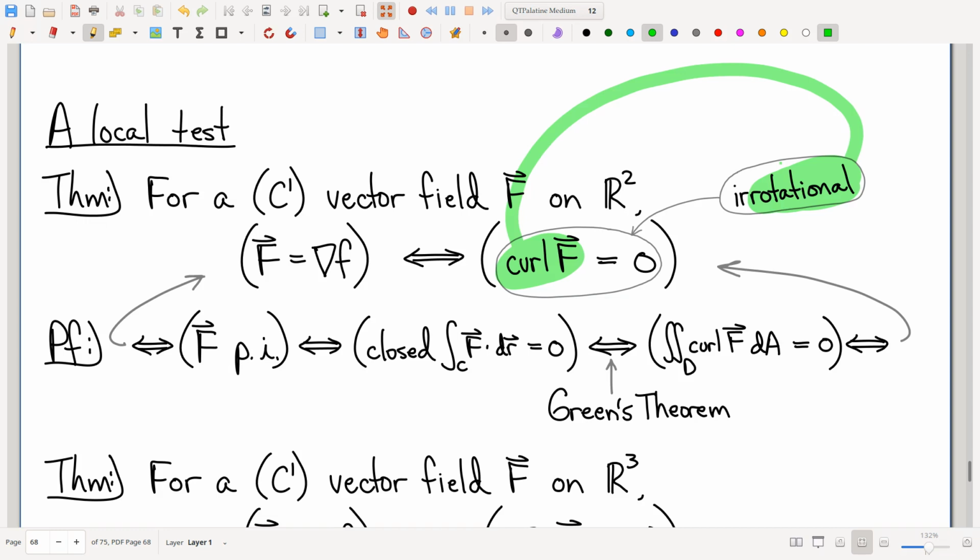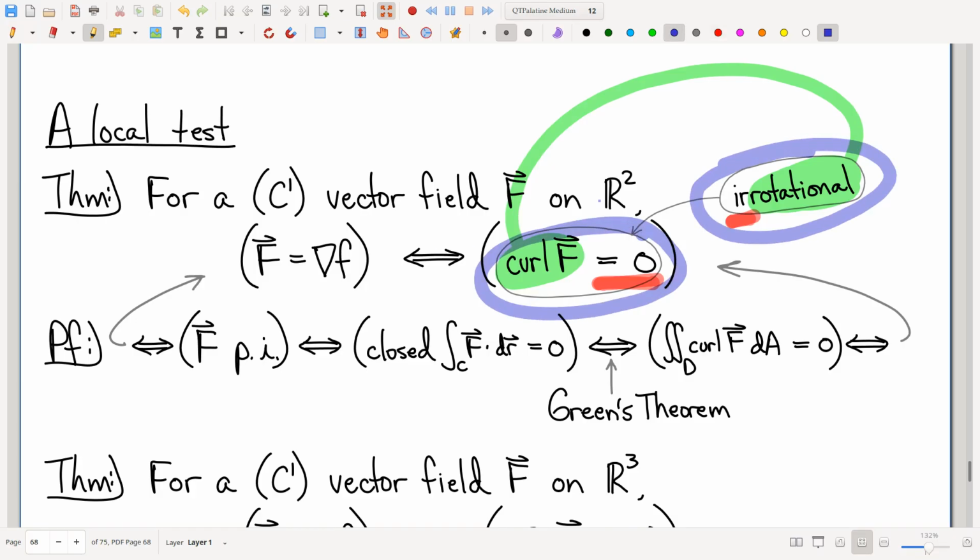So curl measures rotation. If there is no curl, then there is no rotational aspect to the fluid, and so this test is also sometimes called irrotational.